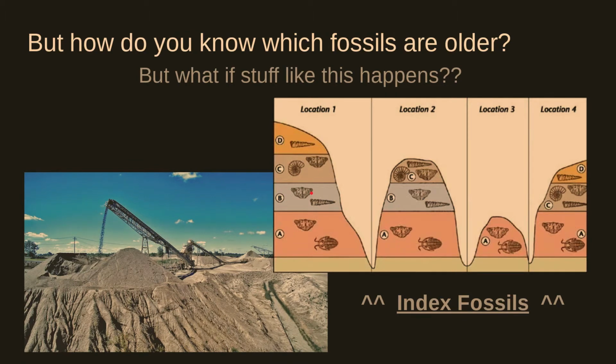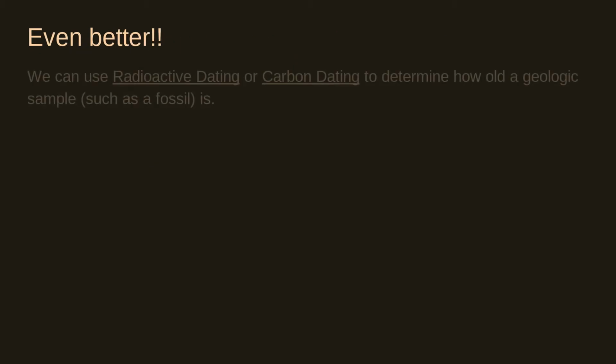Index fossils are essentially fossils that we only find on one layer, like the cockroach guy, that can tell us the age of other fossils that we find nearby it. Okay, so index fossils sort of help us know the age of things around it because they're unique to their particular layer. Finally, there's one last thing I want to talk about before we move on.